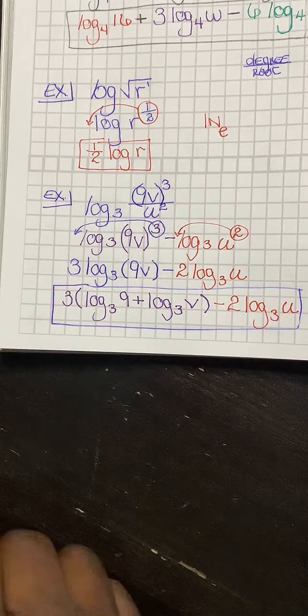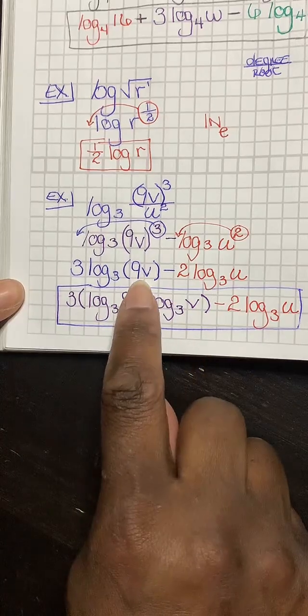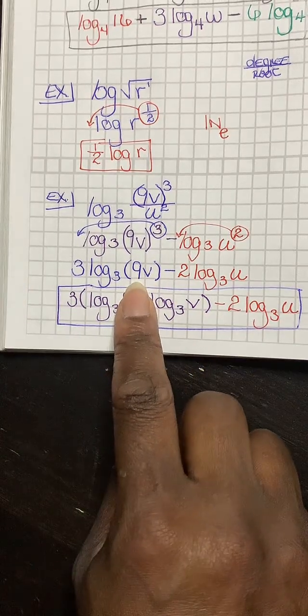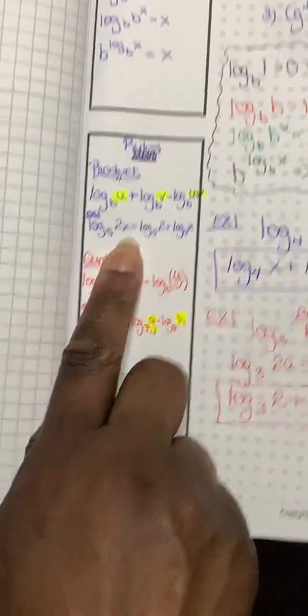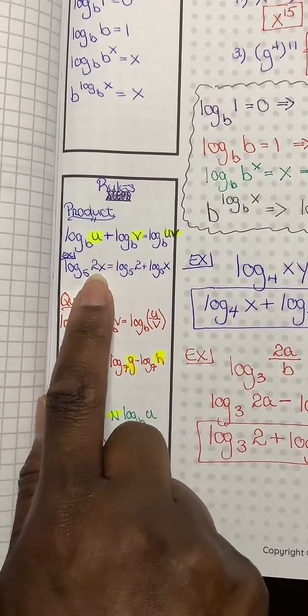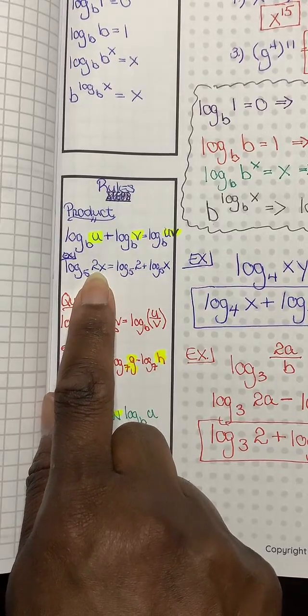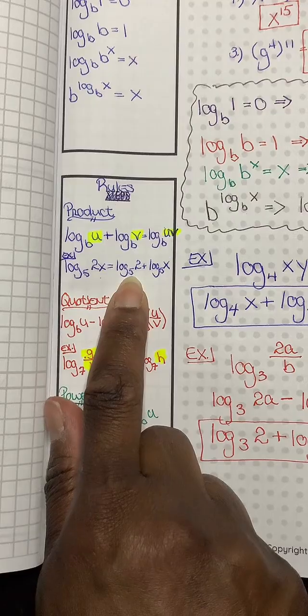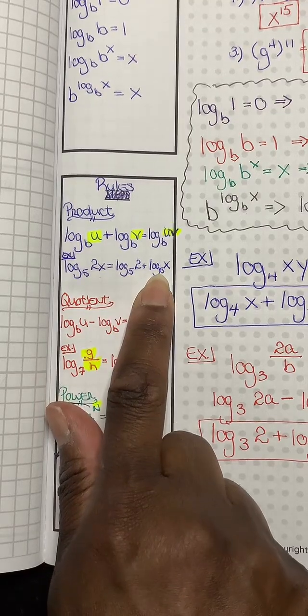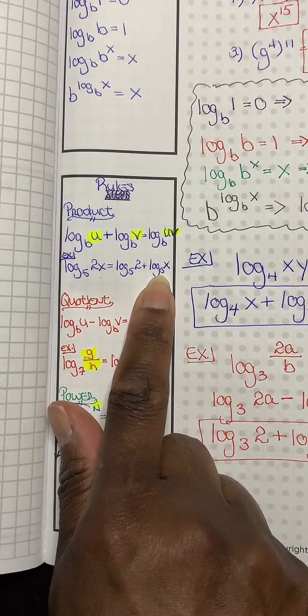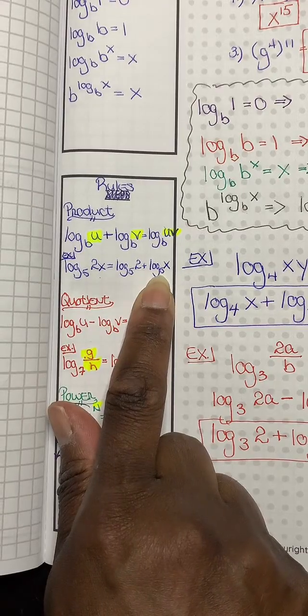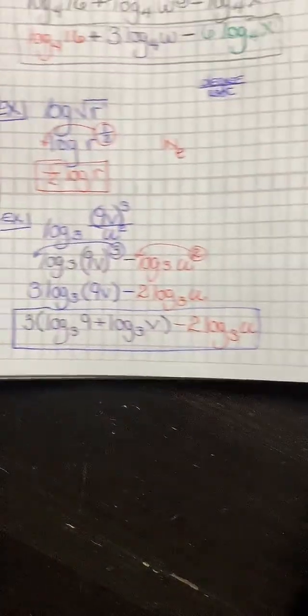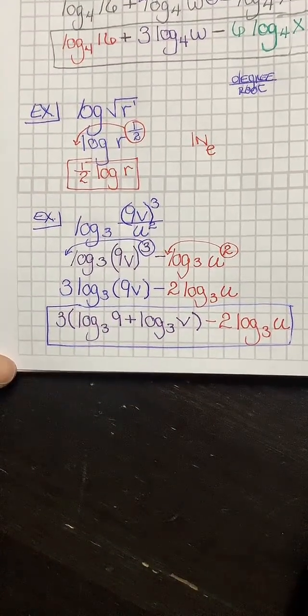Because 9 times v, we can't have a product. This has to be that product rule. Anytime we're multiplying, remember this 2x, that means 2 has to have its own log base 5, as well as the x has to have its own log base 5. So that's why you separate. You want to simplify as low as you can.